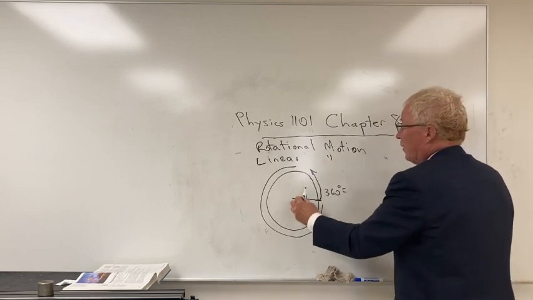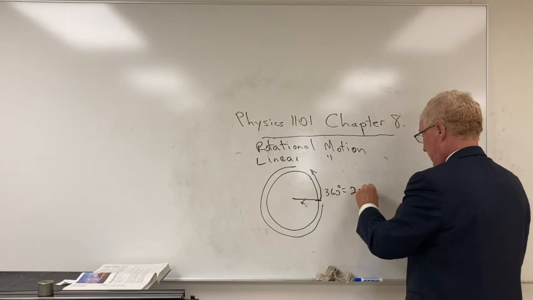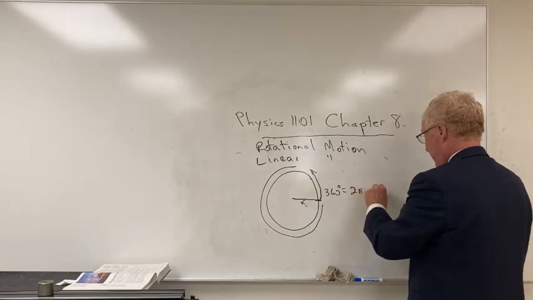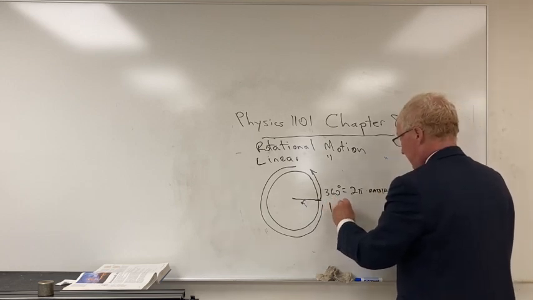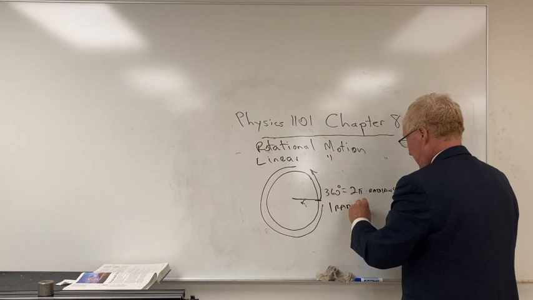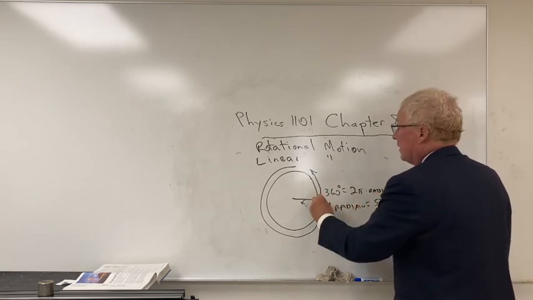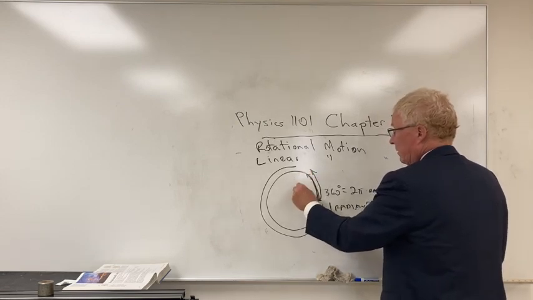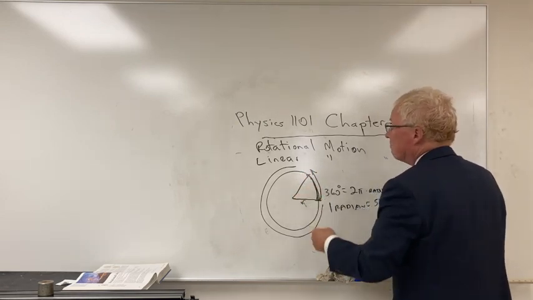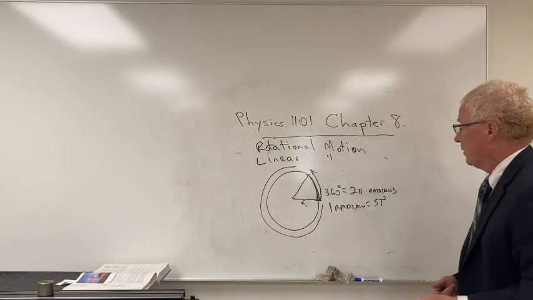In terms of number of radii, it's 2 pi in units of radians. And one radian is approximately 57 degrees, meaning the angular distance this way is the same as 1 radius. So this is all angular rotation.